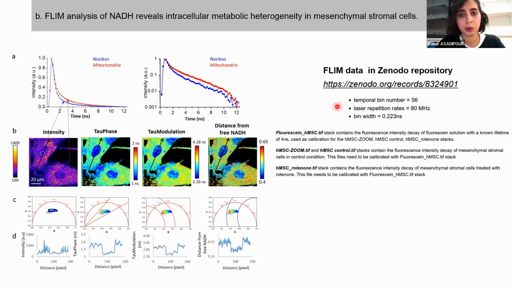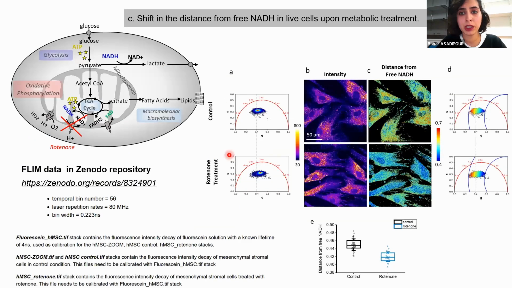We are adding rotenone to our data, which is an inhibitor that shifts the lifetime towards a more glycolytic pathway. On top is the control, and on the bottom is the rotenone treated. What we are observing is that the phasor is shifting towards more free NADH, a more glycolytic state, and a shorter lifetime.